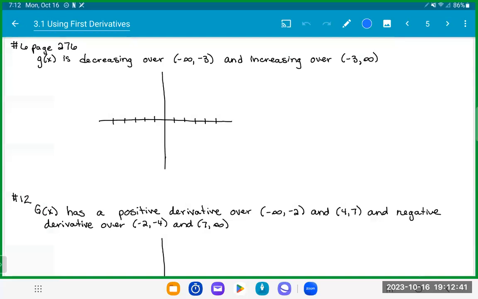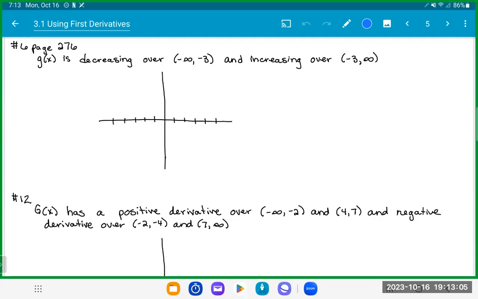All right, so let's look at some examples then. This first one is on page 276 in your textbook. It is number 6. I'm going to flip there real quick so I can read the instructions. This one says that it wants us to draw a graph to match the description that's given.